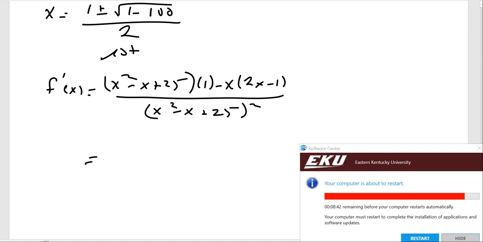So let's see. If I start combining my like terms, because this is -2x squared plus x, right? That's just times 1. So x squared, that's a -x squared, a -x squared, -x. Yeah, that'd be 0. And then we'd just have the 25.